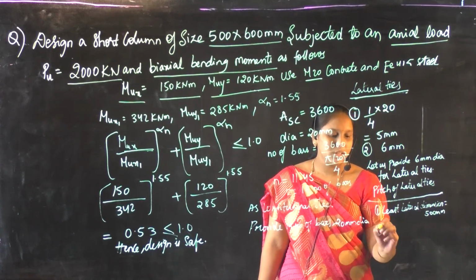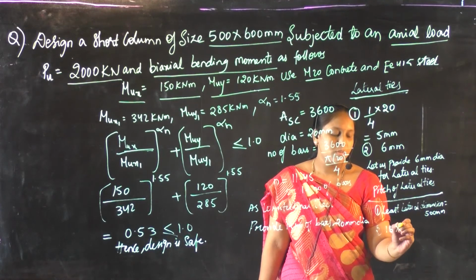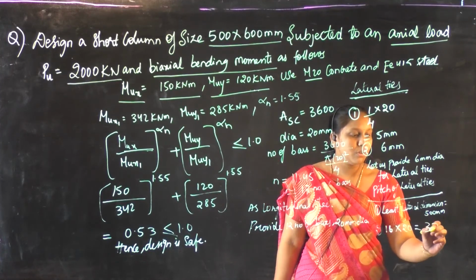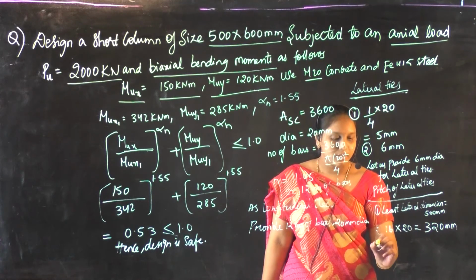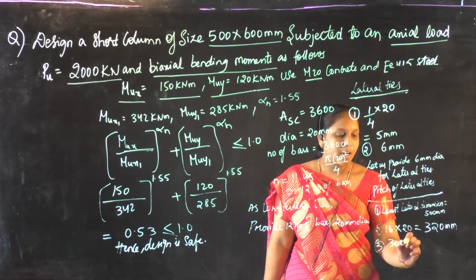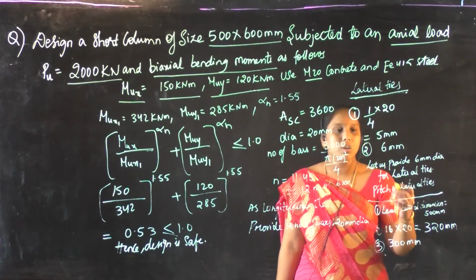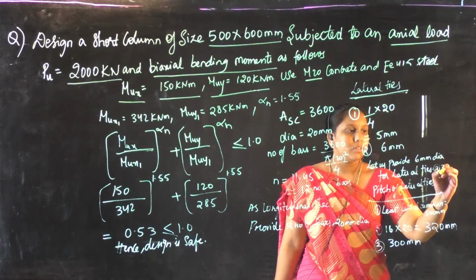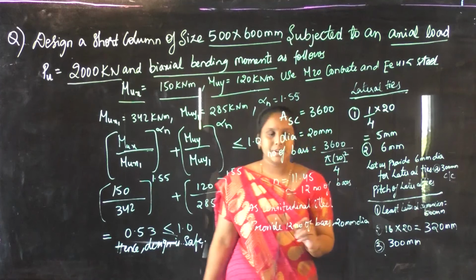The other one is 16 times the dia of the bar, which is 20, which will give you 320 mm. And the third one is 300 mm. Out of these three we will consider 300 mm. So provide the lateral tie 6 mm dia at 300 mm center to center.